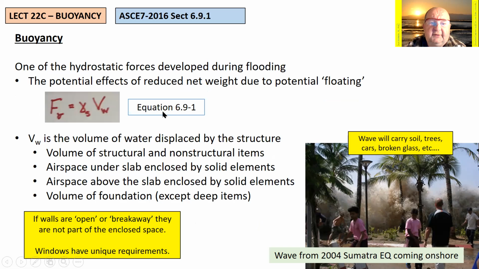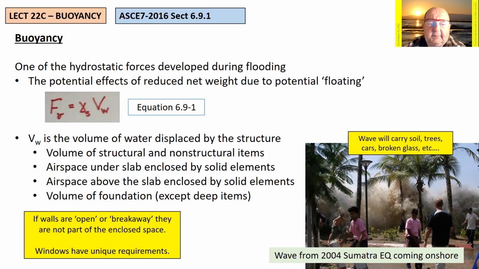So the code gives us this equation 6.9-1, which tells me that the upward force created due to buoyancy is going to be the volume of water we displace times the density of that fluid, which was that 70 pounds per cubic foot value. But there's also some rules we need to think about when we come up with the volume of the water being displaced. That's, of course, going to be the volume of the structural and non-structural components in this project.